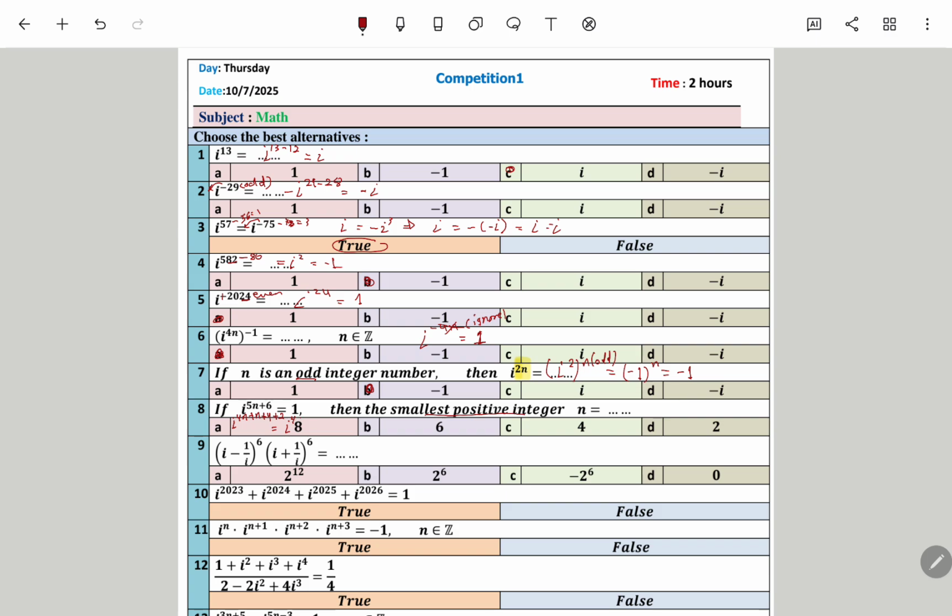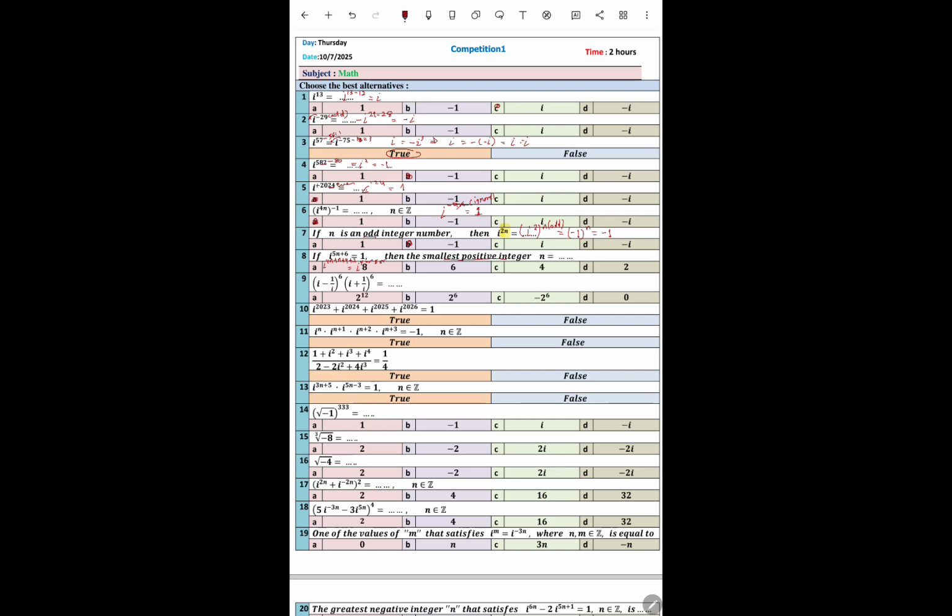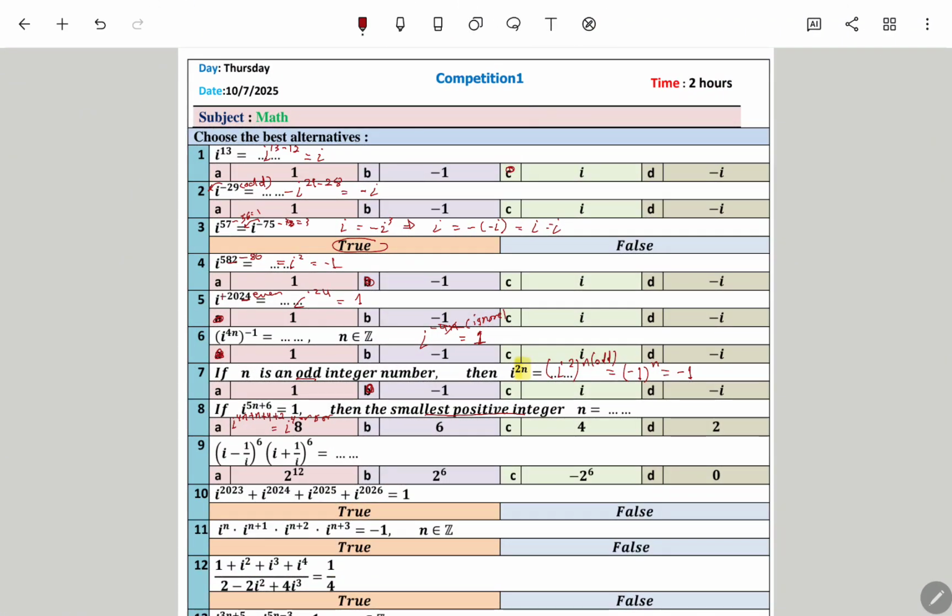Because we can have 4 or 8, we can have any multiple of 4. So let's try it with the 4. And the 0 also, but the 0 is not a positive integer.